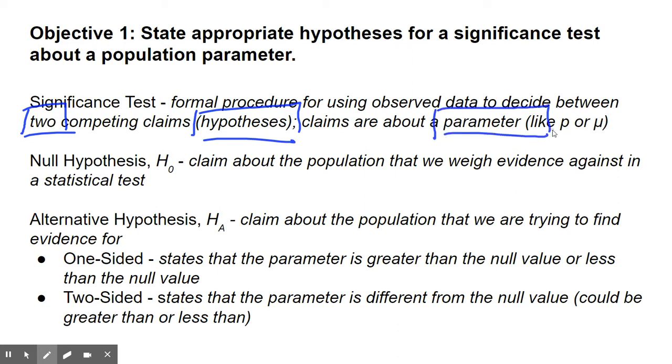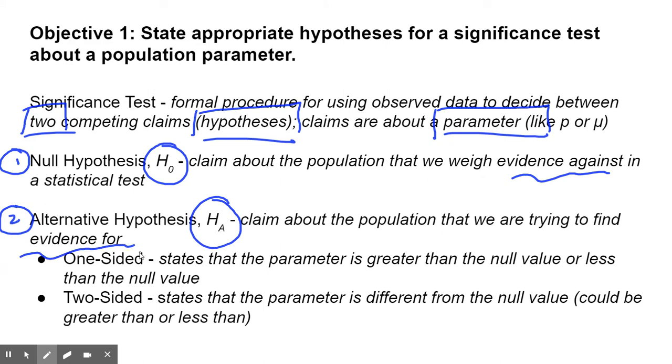It's about the population. The first hypothesis is called the null hypothesis, H sub 0. The null hypothesis is the claim that we are trying to weigh evidence against, right? We're trying to find evidence against this claim, all right? The alternative hypothesis, H sub A, is the claim about the population that we're trying to find evidence for. Okay.